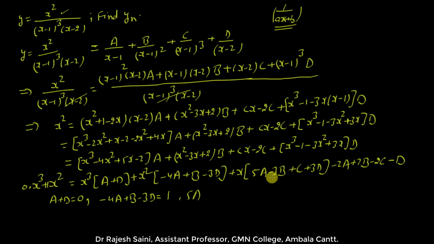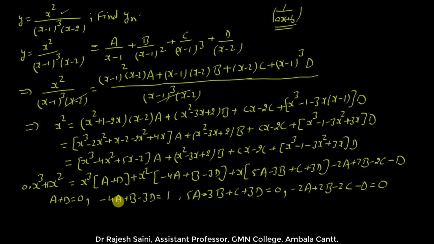The coefficient of x here is this one, 5a minus 3b plus c plus 3d equal to 0, and minus 2a plus 2b minus 2c minus d is equal to 0.